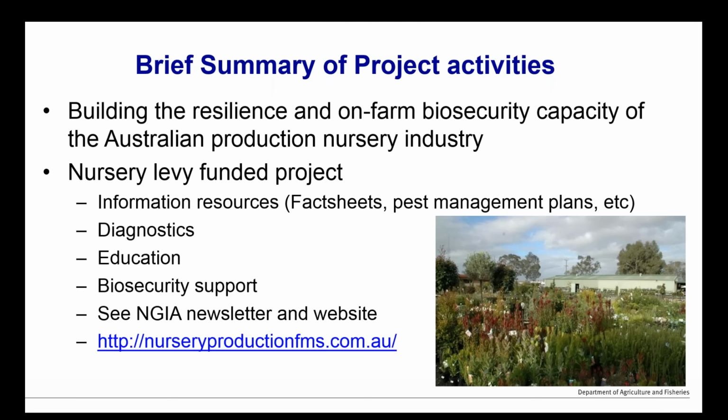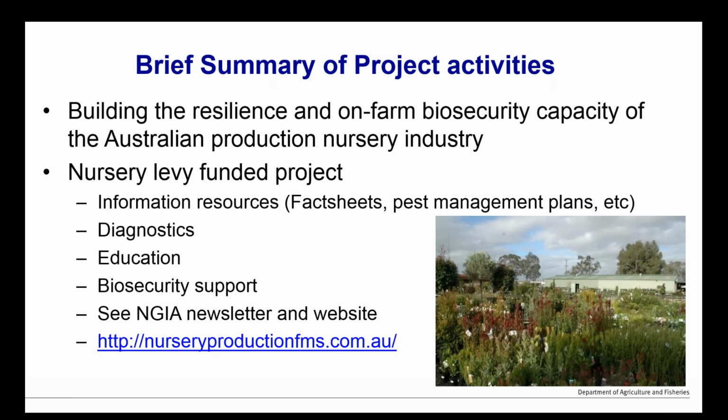We are running workshops in each state and territory each year of the project, and we also are running these webinars. There's also biosecurity support to industry, which is mainly around policy for when there are incursions, and also biosecurity preparedness, so in preparing for critical pests that would be significant to the nursery industry.